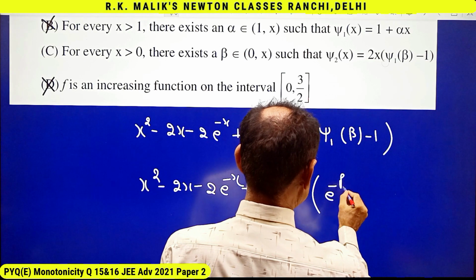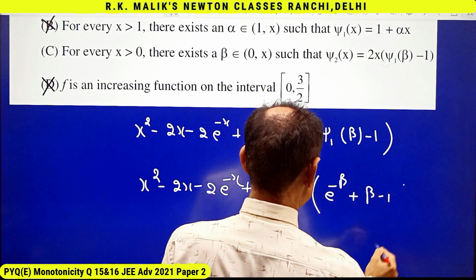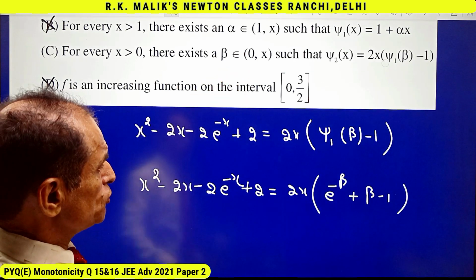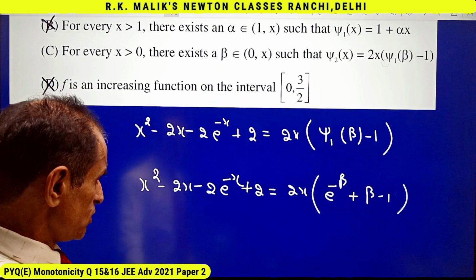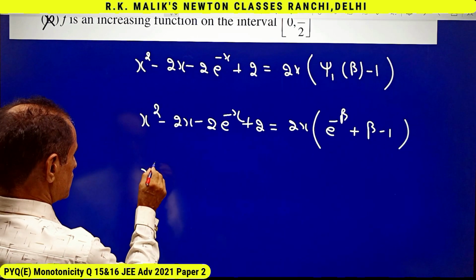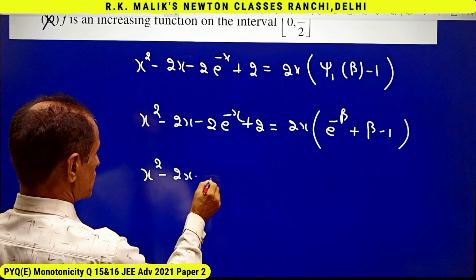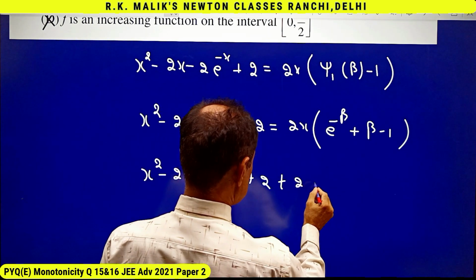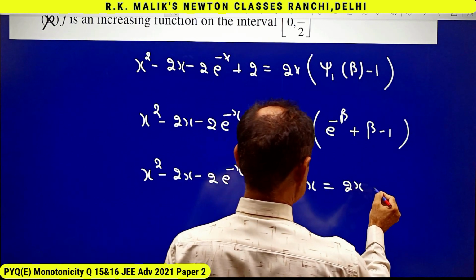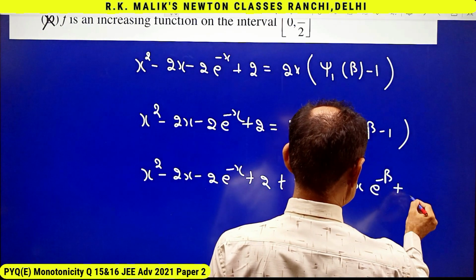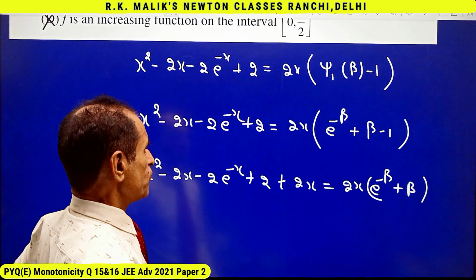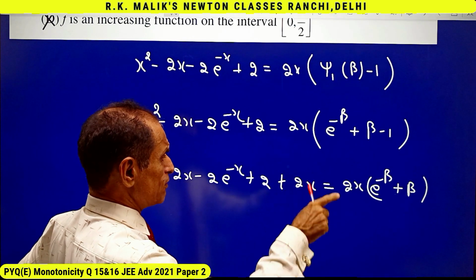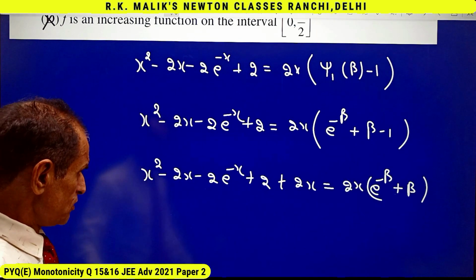e to power minus beta plus beta minus 1 is true for at least one value of beta in the interval 0 to x is true or not.